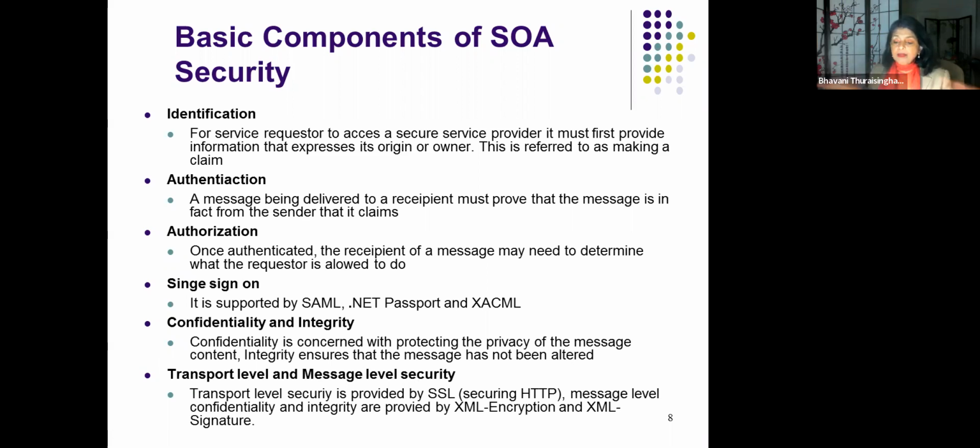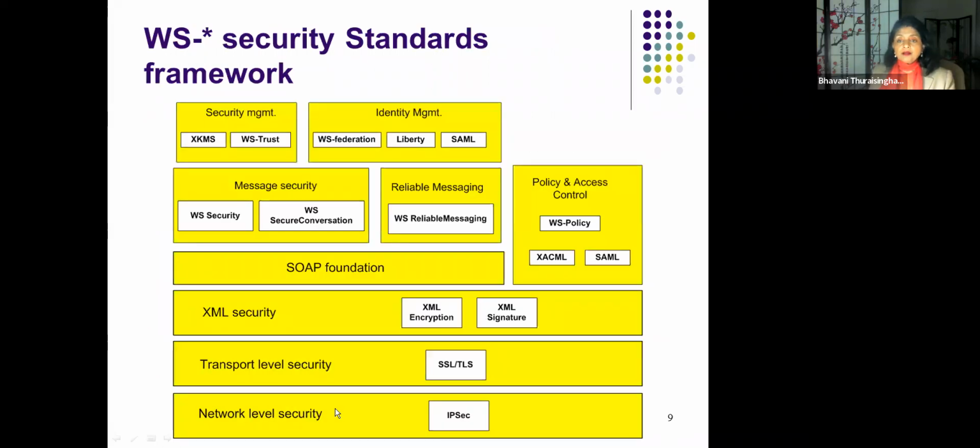And of course, it's built on top of TLS, Transport Layer Security, right? It used to be TLS and SSL, Secure Socket Layer, but now they have merged it and it's called TLS, Transport Level Security. And of course, in XML, you have XML encryption for confidentiality and XML signature for integrity, right? So this is the WS-Star security standards.